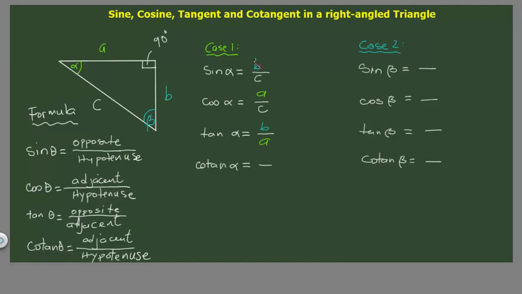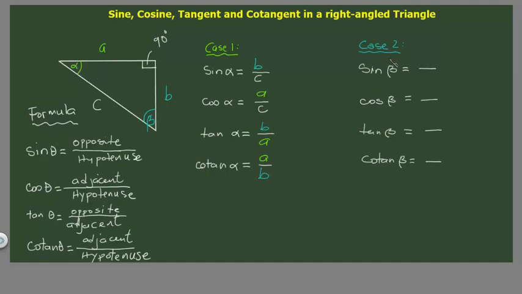Or you can even divide both fractions. The c will cancel out, so you have b over a, and the cotan is the inverse of the tan, so that would definitely give us a over b. So that's when you've chosen your angle to be alpha. That's how you can look at this angle right here.